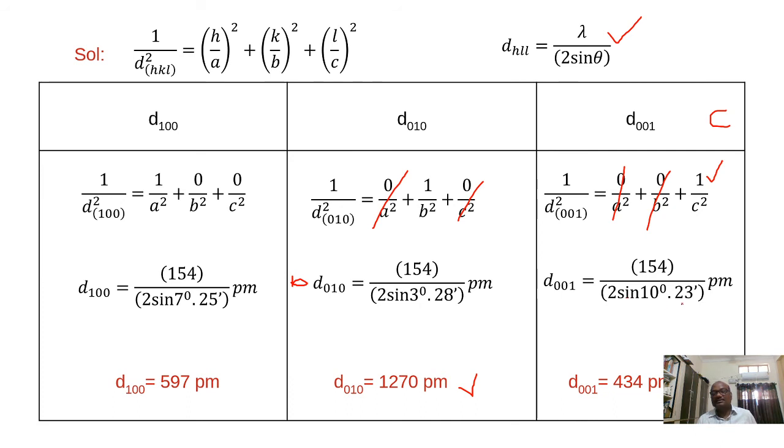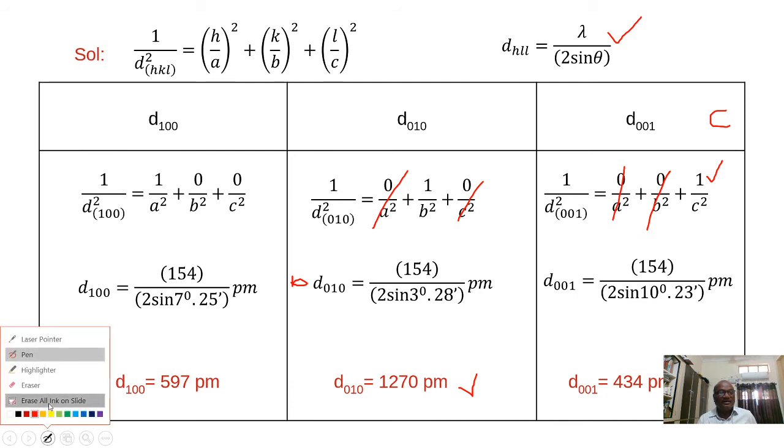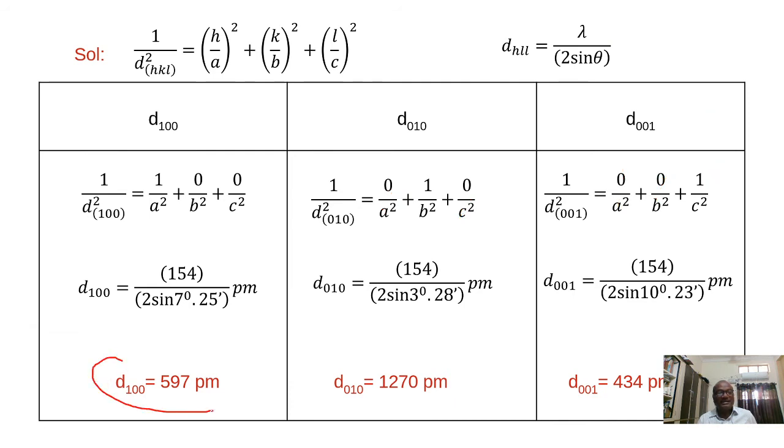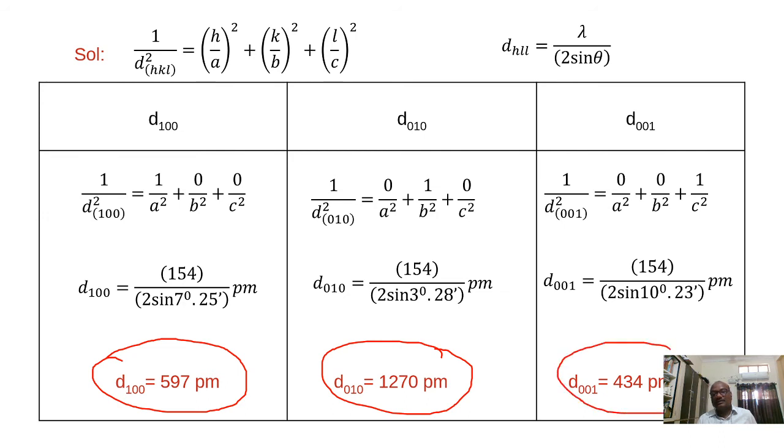Theta is 10 degrees 23 minutes, and simplifying this, you can find d001. So what are the dimensions of the orthorhombic unit cell? With the help of Bragg's law we have calculated: a is equal to 597 picometers, b is equal to 1270 picometers, and c is equal to 434 picometers.